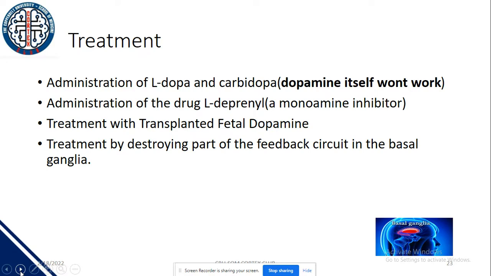Because Parkinson's disease usually has to do with the deficiency of dopamine due to damage to the pars compacta of the substantia nigra. We also have treatment by destroying part of the feedback circuit in the basal ganglia.